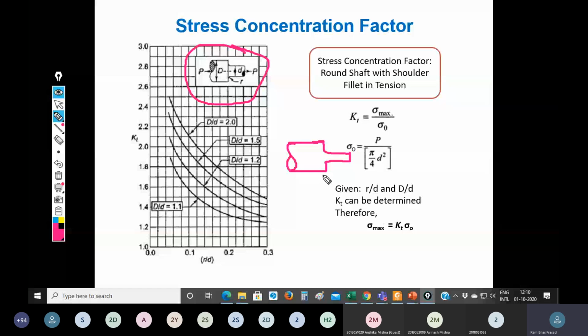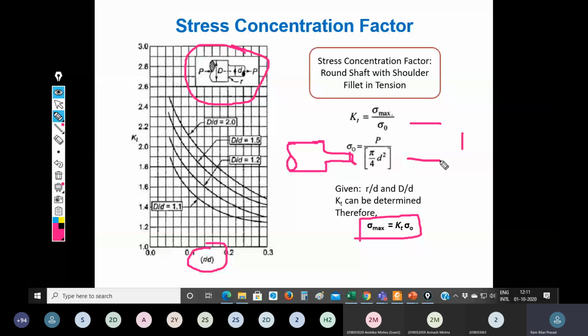So here again it depends on r by D, fillet radius. So fillet radius is nothing but, suppose there is a shaft, and it is getting reduced directly, then here fillet radius is obviously 0, right? Fillet radius is 0, but this is not good practice to design. So what is done is you manufacture the shaft, and at the bottom you make a radius.